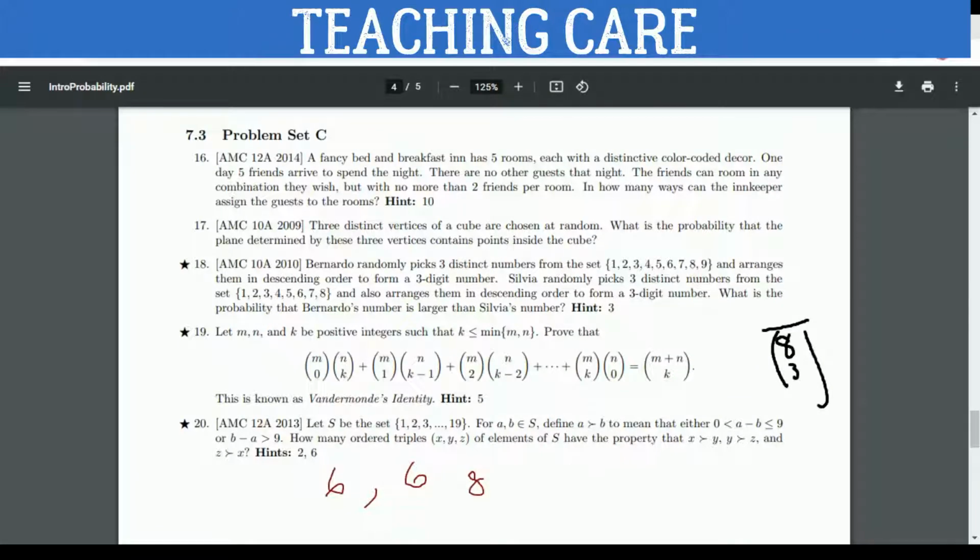So totally 20 will be there. So the number of planes determined by any of the three vertices of the cube will be 20. Among your 20 planes, only 6 surfaces will not cut into the cube, correct?